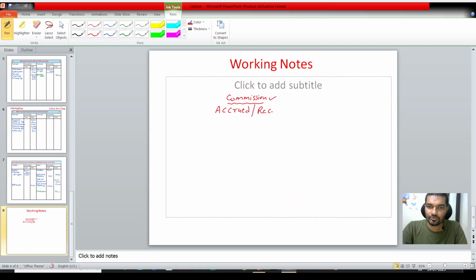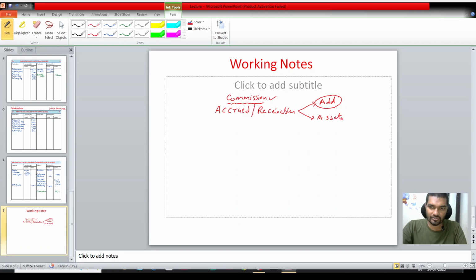So whenever accrued commission, meaning commission receivable, is given in the adjustment, how do we adjust it? First we need to add it, because the commission we have to receive from a third party needs to be added to the existing commission given in the trial balance. If that particular item is not given, directly we can show it in the outer column. Second, we have to show it under the asset side, because it is a receivable.